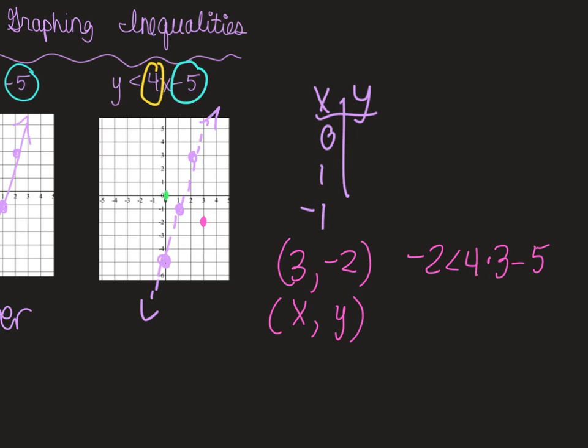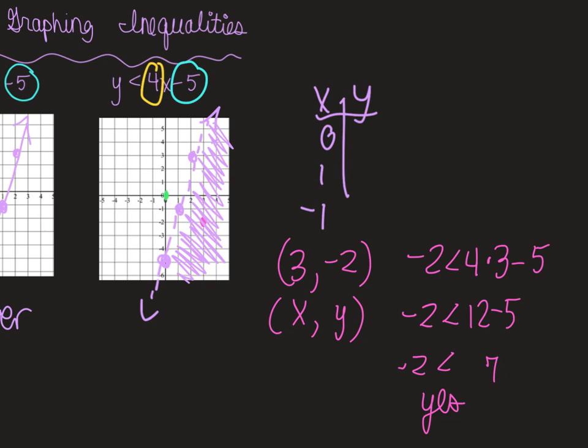It already had a -5, so I multiplied by -5, or put a -5 at the back. So now, is -2 less than 12 minus 5? Is -2 less than 7? Sorry, not -7. Is -2 less than 7? The answer is yes. So I'm going to color this part of the graph in.